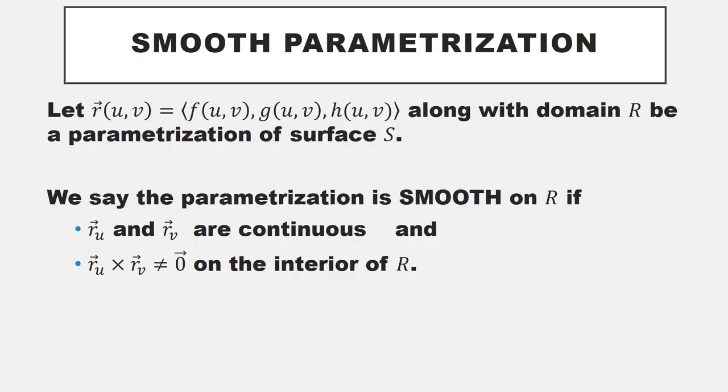If we get that, then we say the parameterization is smooth.